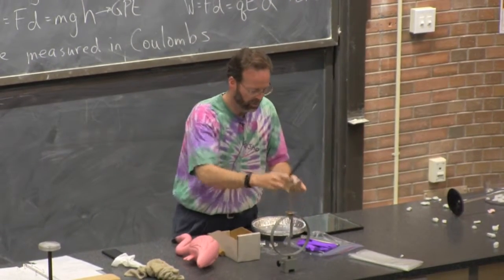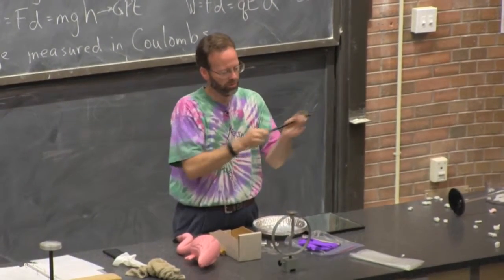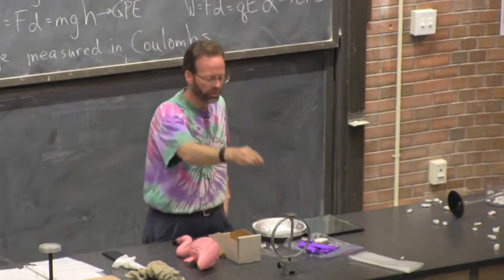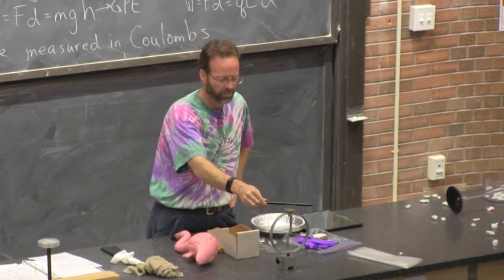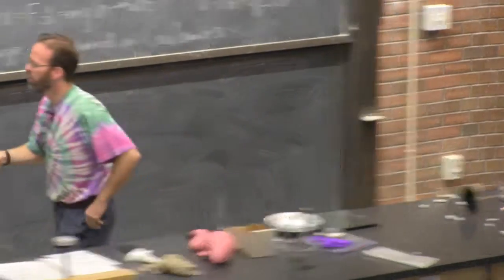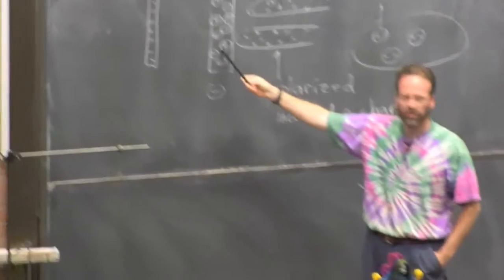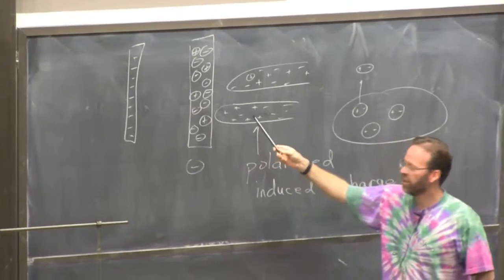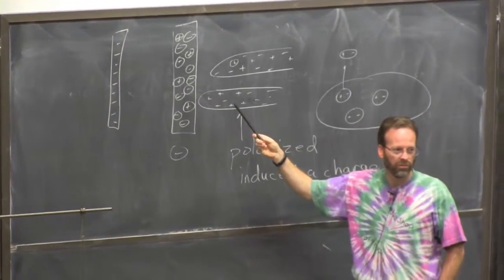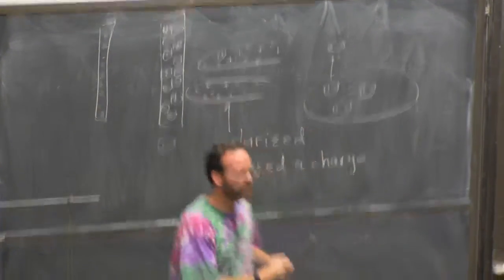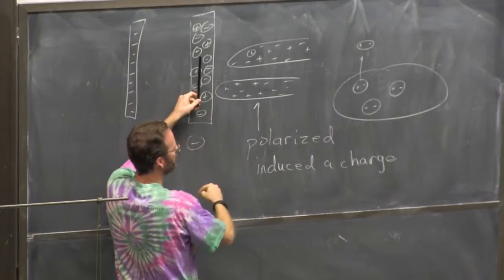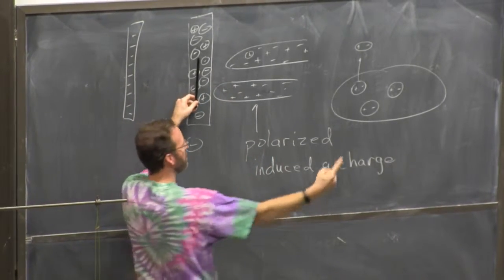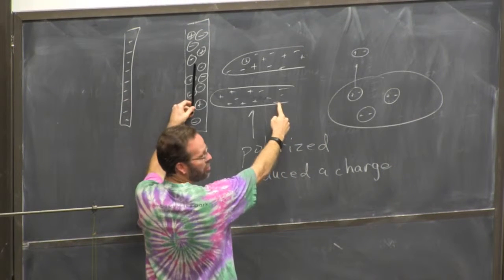The induction was the more confusing one. Bring it near. What have we done to the charges in the electroscope? Polarized them. Think of this as the negative rod, and this is the electroscope needle. So if I bring the rod near, we're not in physical contact here, and I'm going to take my finger and touch over here. What charges leave?